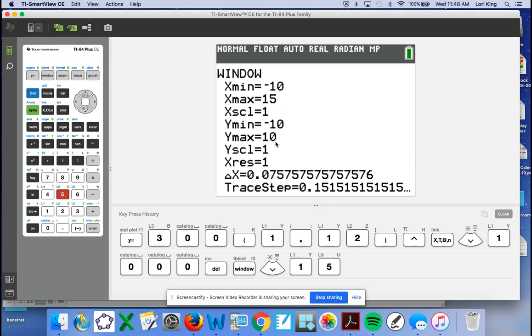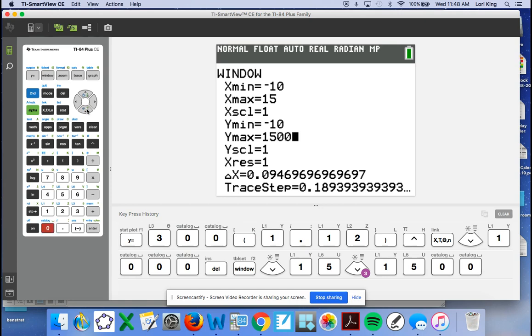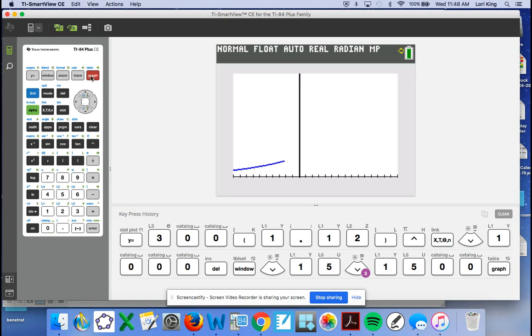A y maximum value of 10 again wouldn't be appropriate. I know it has to be more than 1,000. And I'm just going to change it to 1,500. And if the point of intersection is not on my window when I try to graph these functions, this is where I would come back and edit these values. So I'm going to go ahead and hit graph.